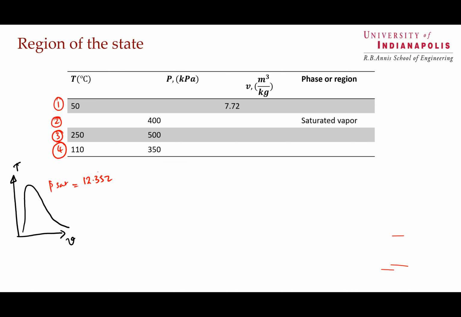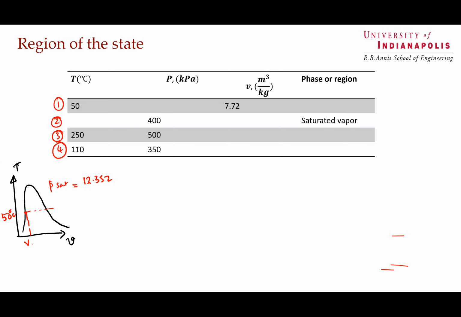Hold on, I have to wait to decide that. How do I decide that? You are given the volume, but we didn't actually pinpoint the state yet. So we have this 50 degrees Celsius constant temperature here, and now we're looking for the value of V. At saturation at 50 degrees Celsius, this belongs to saturated liquid.